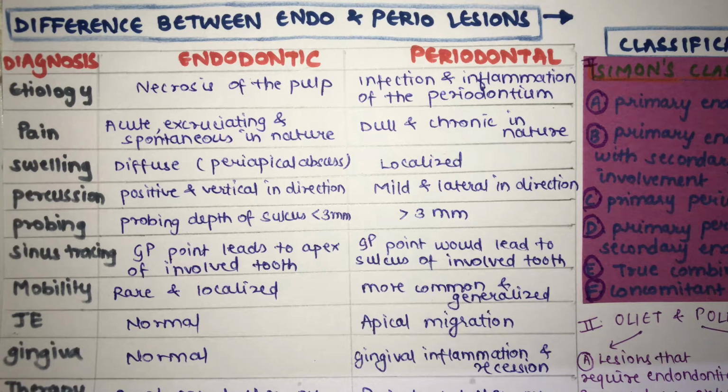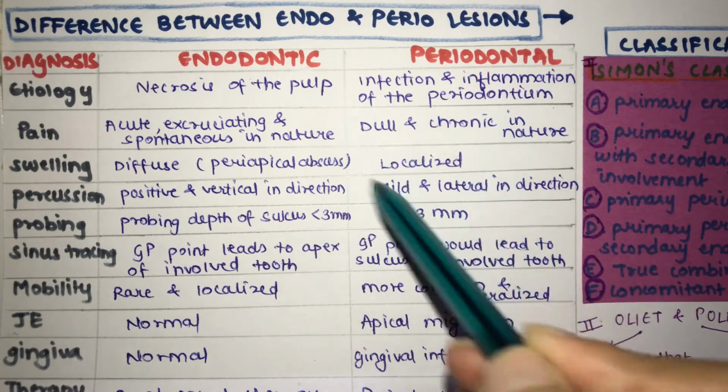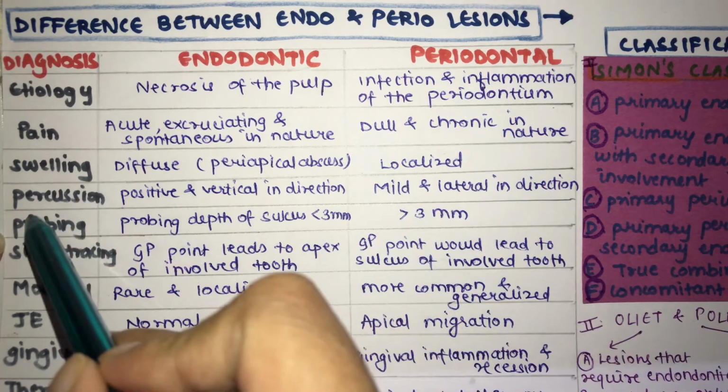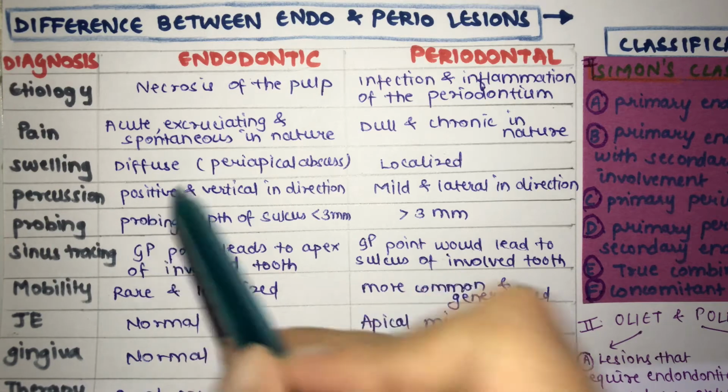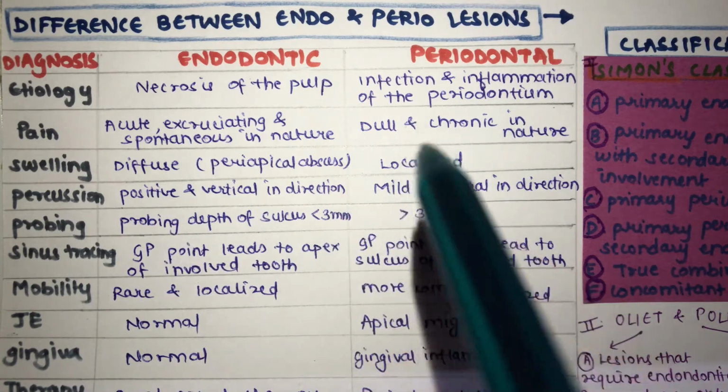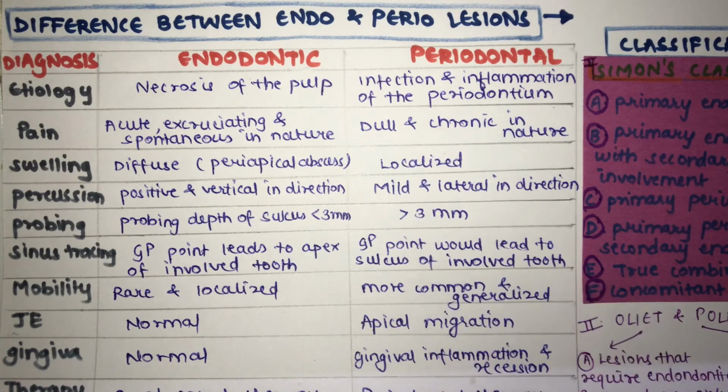Now if because of some caries, the caries has led towards a periapical lesion, and it has formed a periapical abscess, that means the swelling is diffuse, whereas in periodontal it is localized. The next is percussion. In endodontic, when you are percussing the tooth, you will see tenderness on percussion.